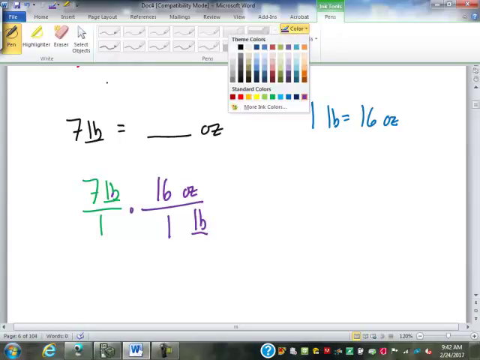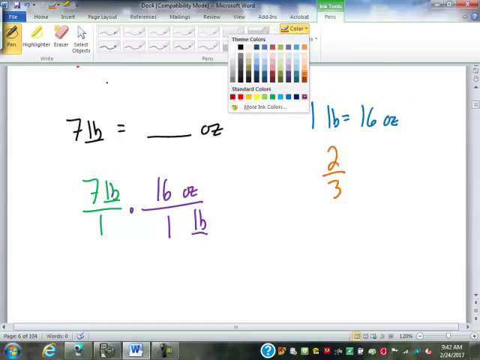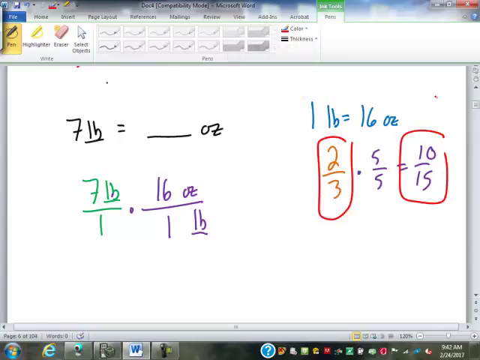Now before I go any further, I'll make one more side note. If you remember when we were doing fractions, we had 2/3, and we might multiply that by 5 over 5. 2 times 5 is 10. 3 times 5 is 15. And we said 10/15 has exactly the same value as 2/3. Because 5 over 5 is equal to 1.